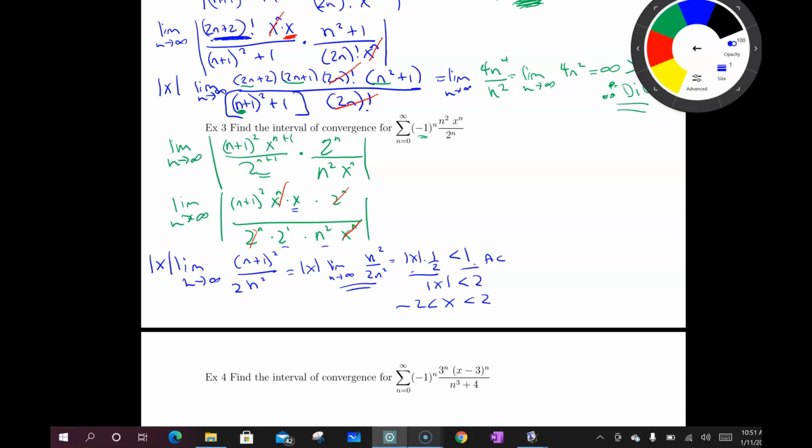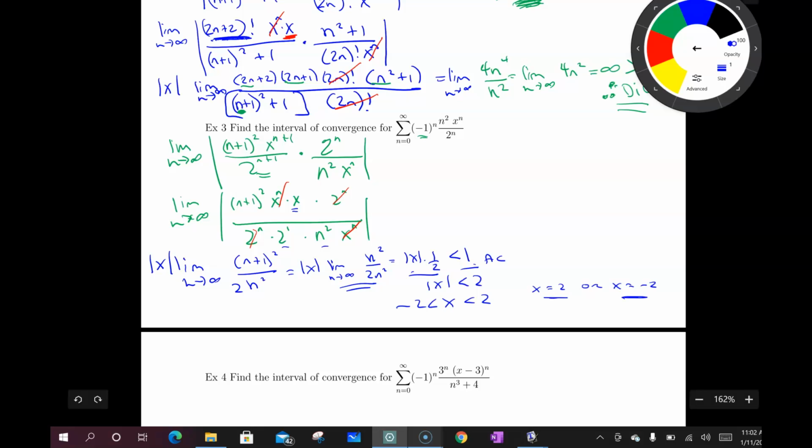So I need to do this because what do I know about the ratio test if I get equal 1? If the ratio test equals 1, I get no result. So when does the ratio test equal 1? So that I will get equal 1 if x is equal to 2 or x is equal to -2. Again, let me reiterate what I'm doing here.